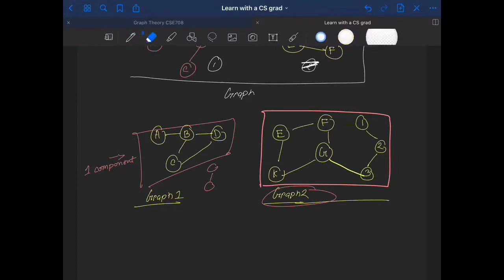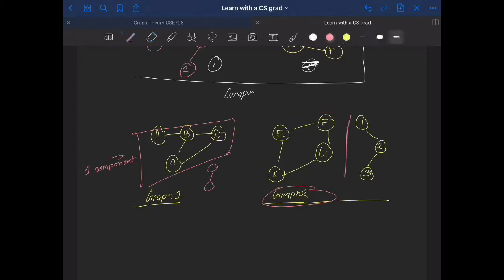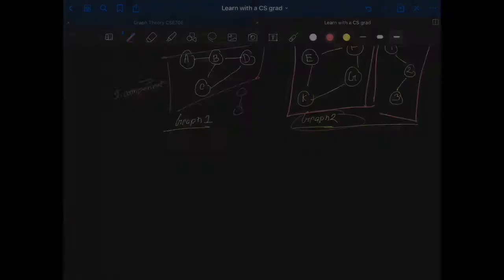So remember, we are just putting these two lines that are making the whole graph connected, not having any subgraphs. However, let's say we remove these two, then what do we have? We have separate subgraphs. So this is the concept of components.